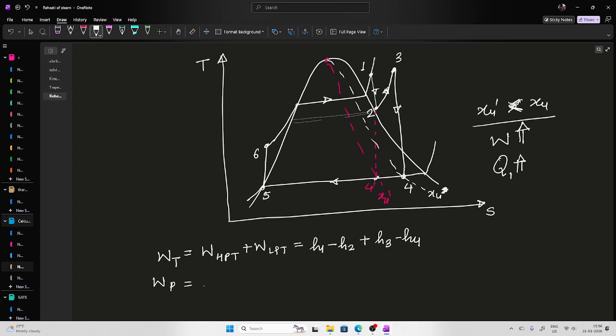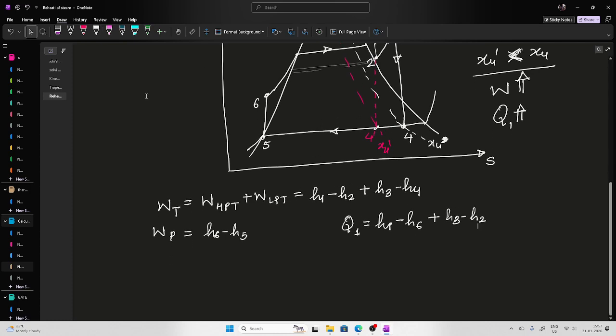It is more or less the same, that is H6 minus H5. The heat input to the cycle will be in this portion first, that is H1 minus H6, as well as in the reheater, that is H3 minus H2. And the heat loss, that is Q2, will be H4 minus H5.